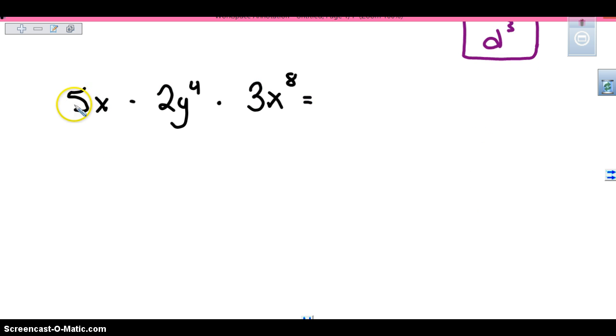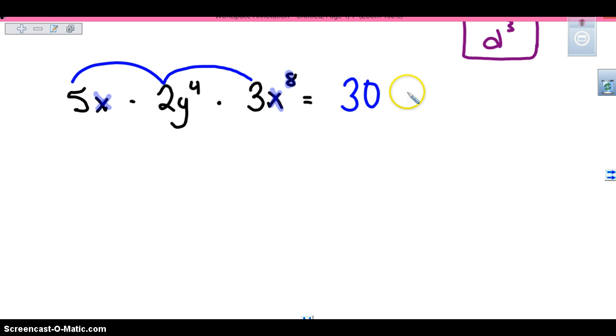We have to simplify 5x times 2y to the 4th power times 3x to the 8th power. What is our common base here? X. This x to the 8th power. What do we do with the coefficients? 5, 2, and 3. We multiply them. 5 times 2 is 10 times 3, 30.